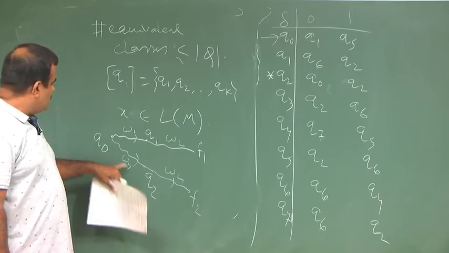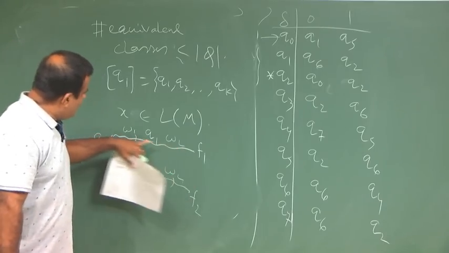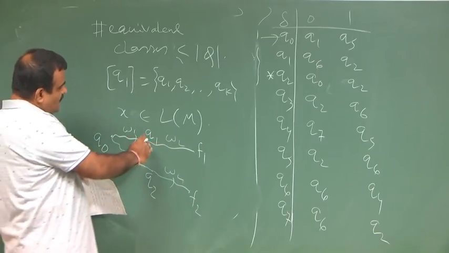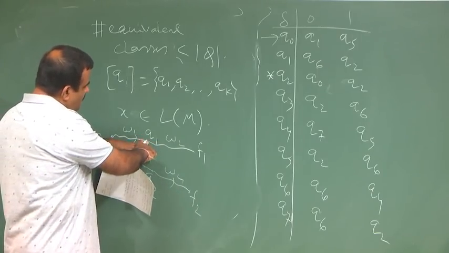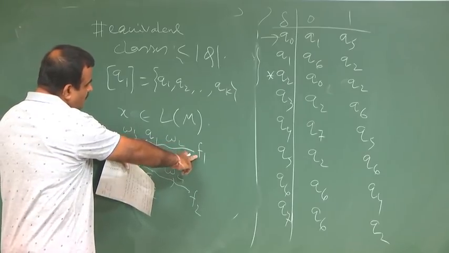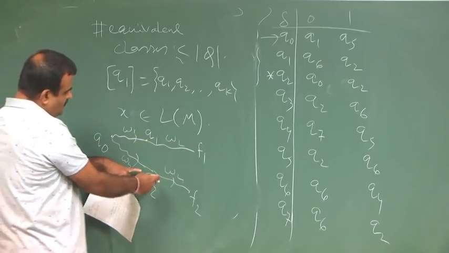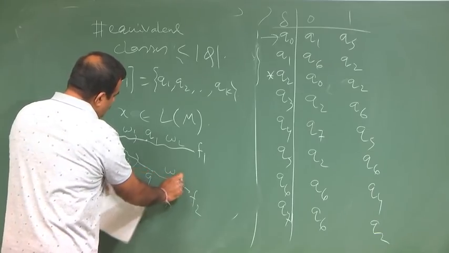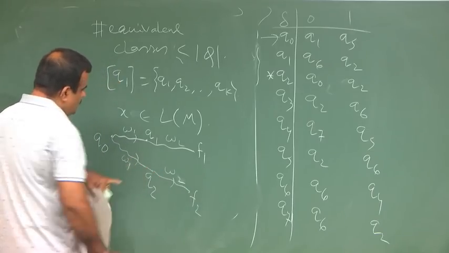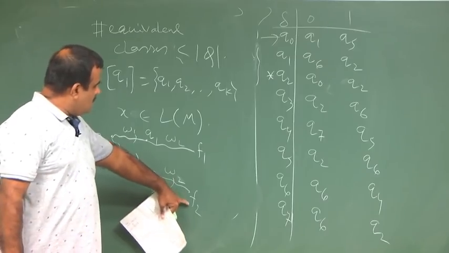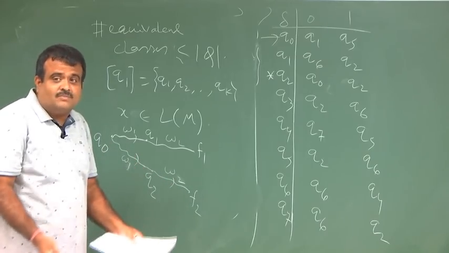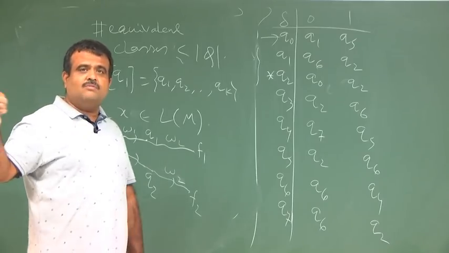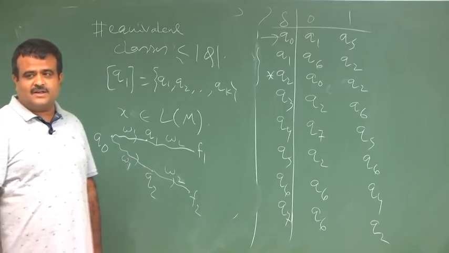Equivalent means that with a string x, if we start from here, wherever we go with the same string, we must go to the same status of state. Either both will reach a final state, or both will reach a rejected state.